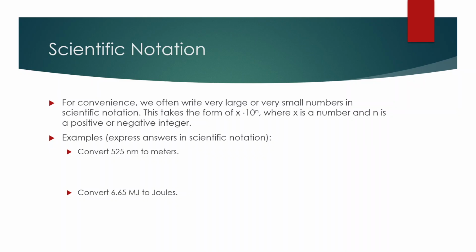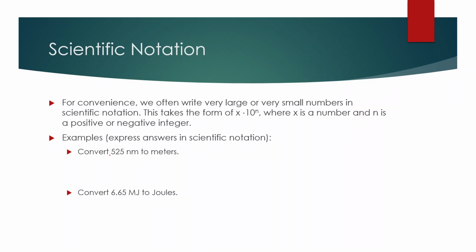By writing them as x times 10 to the n, where n is some positive or negative integer, we can keep track of how many zeros there are really easily, and that means we're not going to drop those zeros as we move that number along through our calculations. So scientific notation is really just a time and effort saver.